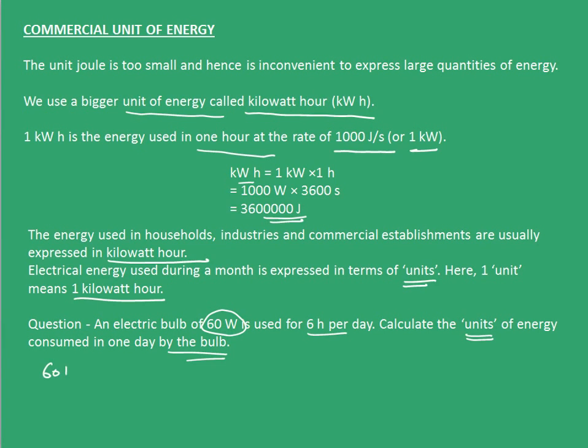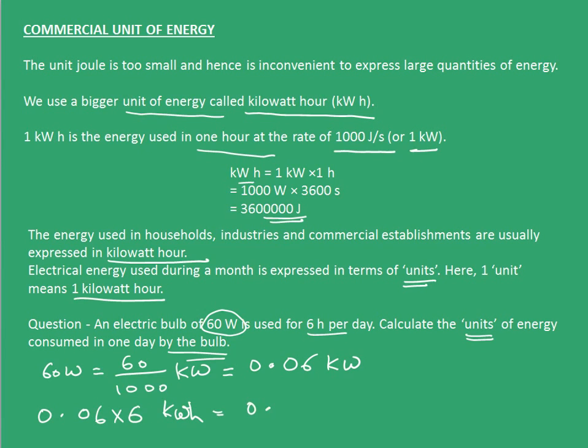Therefore 60 watt is nothing but 60 divided by 1000 kilowatt, which is 0.06 kilowatt. Now I calculate the energy in kilowatt hours consumed by the bulb per day, which is 0.06 into 6 kilowatt hour. This is 0.36 kilowatt hour.